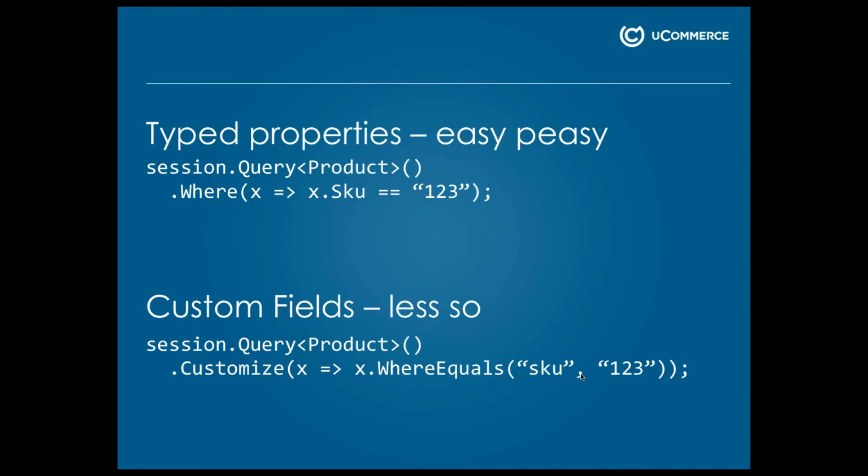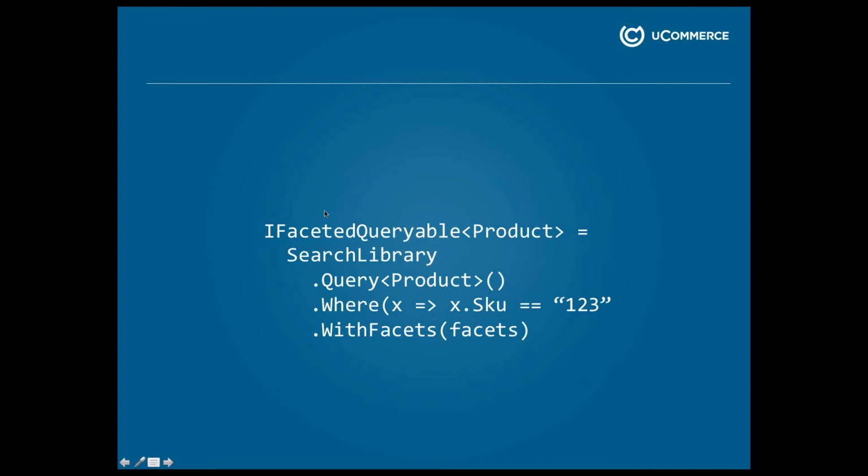Now we felt like this might not be the easiest way to deal with facets, so we went ahead and built an API on top of that. We call it a faceted queryable of product. Basically we have a little class that exposes the same thing as you saw before. It has the type-safe approach, but it's then combined with the customization of a query.